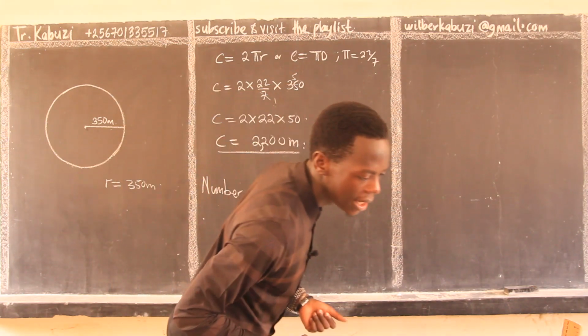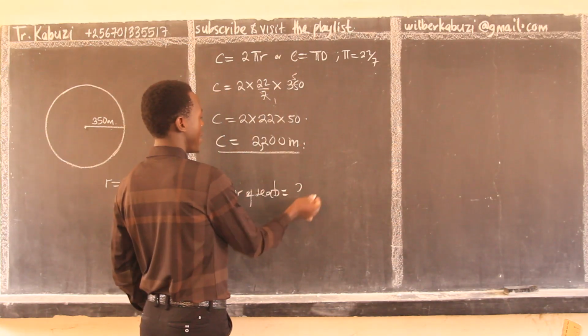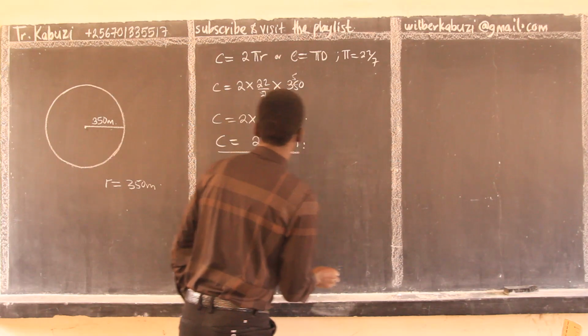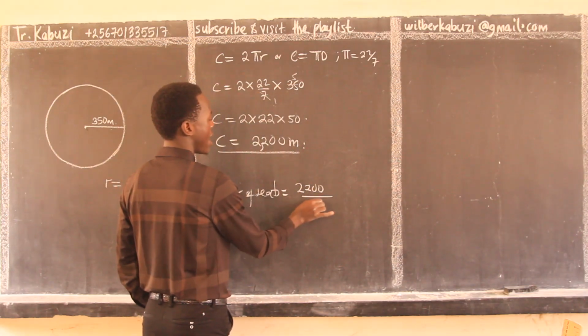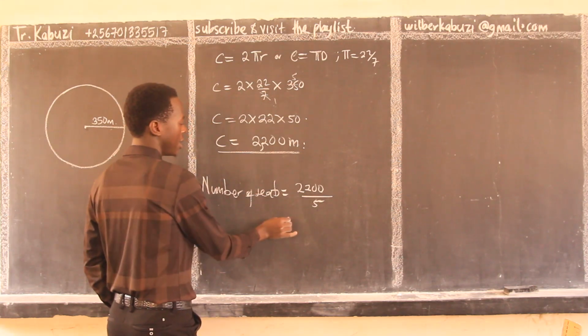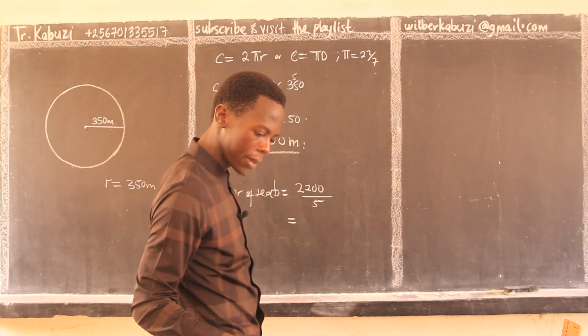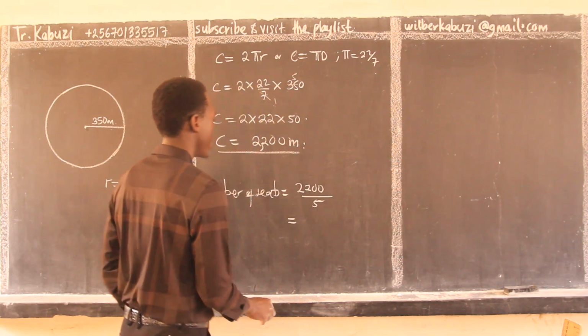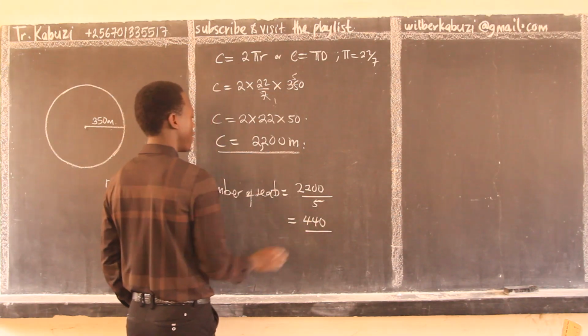So 2,200 divided by 5 will give us 440. So those are the number of seats.